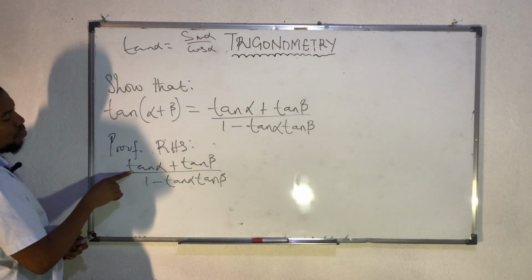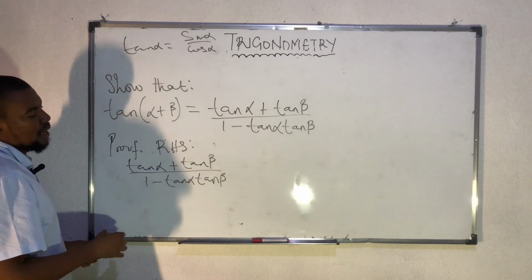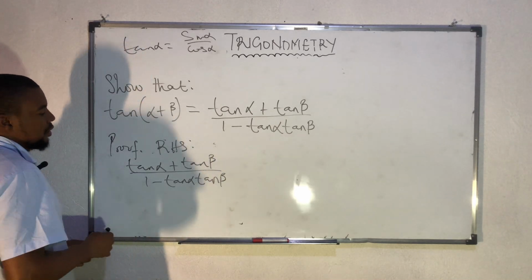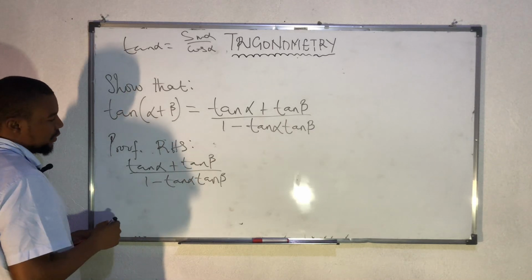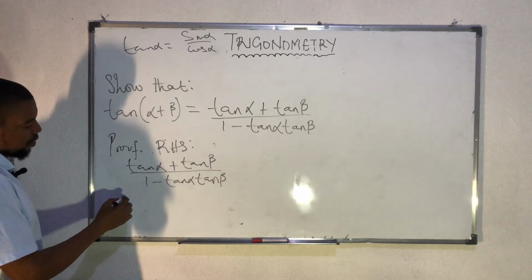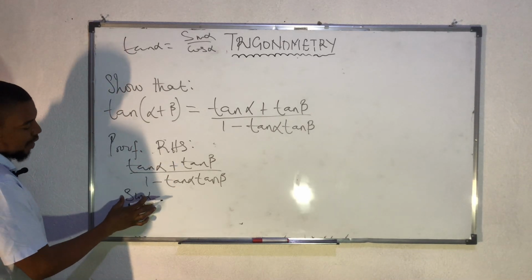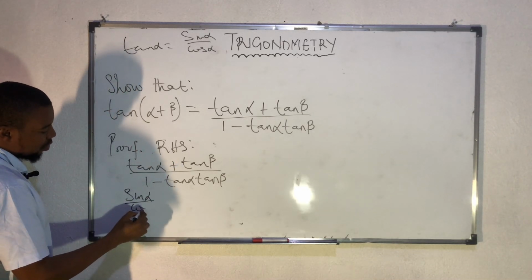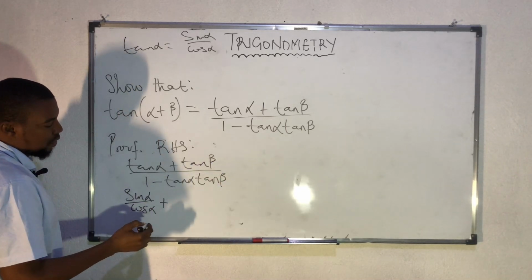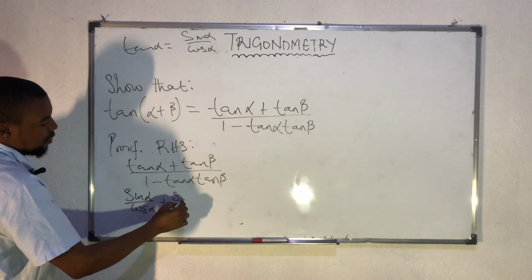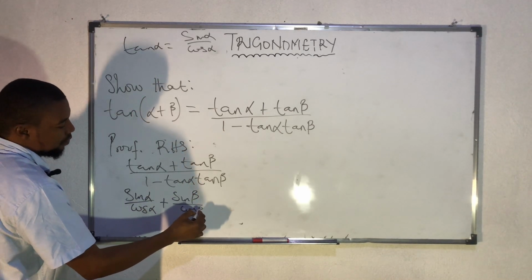The tan alpha will be converted to sine alpha over cos alpha, and the tan beta will be converted to sine beta over cos beta. For simplicity's sake, it's going to be quite easier for us to manipulate. I'm going to copy this down here. We're going to have sine alpha over cos alpha, replacing the tan alpha, plus the tan beta, now transformed into sine beta over cos beta.